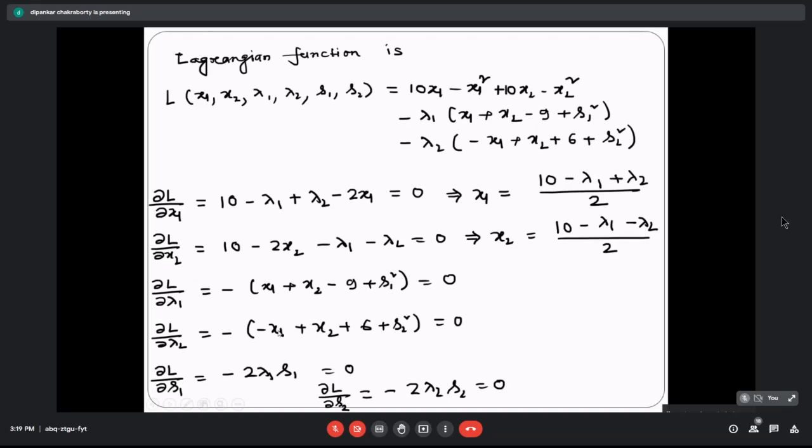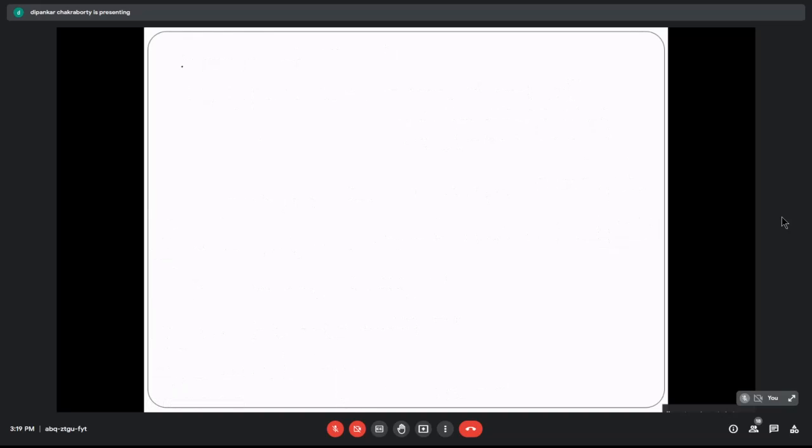So the first case, as we have done it already in our previous class, case 1, we are going to consider lambda 1 = 0 and lambda 2 = 0.